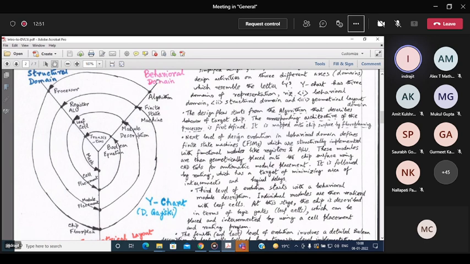Then we come back to the next lower level of the behavioral domain. Here we visualize our design system as a finite state machine. The finite state machine means what? The number of states through which the system will progress will be finite in number. To start with, you switch on the system. Then after doing some housekeeping operations, that means just checking the memory to see whether it is free from any corruption, we start to wait for the first instruction from the user.